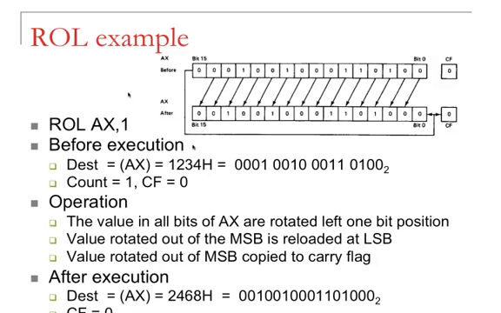This most significant bit is copied to the least significant bit side, so it's copied to bit 0. At the same time, this bit is copied to the carry flag. So after the execution of this instruction, AX now has 2468. Again, you can see that this is exactly twice the original value. And the bit copied to the carry flag is 0, so the carry flag after the execution is 0.